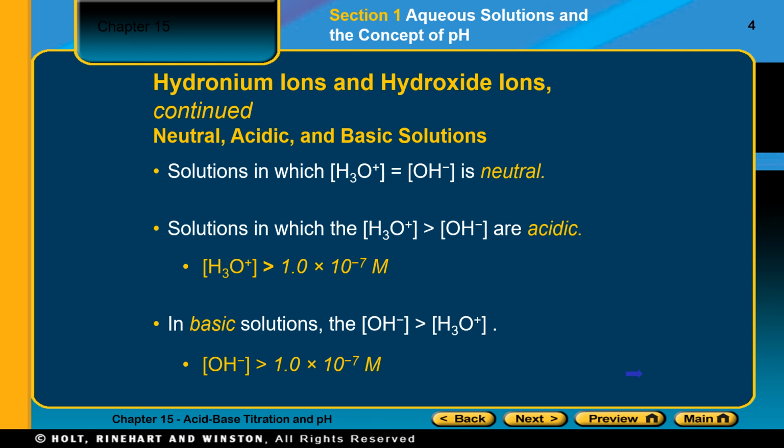So if the hydroxide ion concentration is greater than 1.0 times 10 to the minus 7 molar, then it's going to be basic. If the hydronium ion concentration is greater than 1.0 times 10 to the minus 7 molar, then it's going to be acidic.